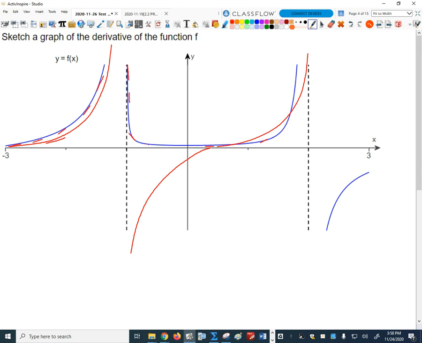We don't know. But we just have to have a rough idea of what the shape looks like. And then finally down here, we've got large positive values getting less positive. So over here, it's going to look something like that. So the red function would be the derivative function of the blue function f.